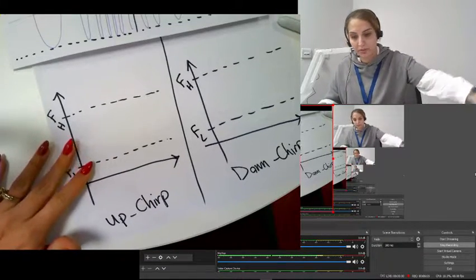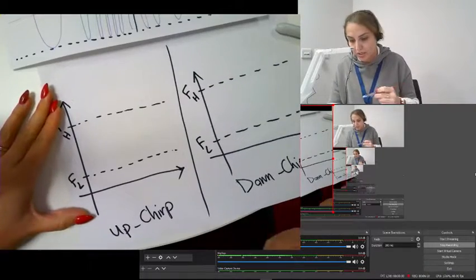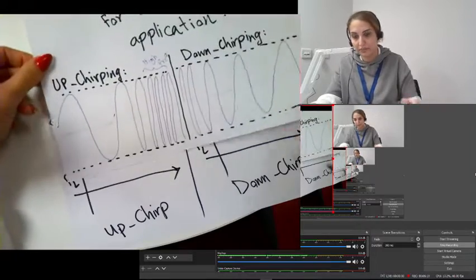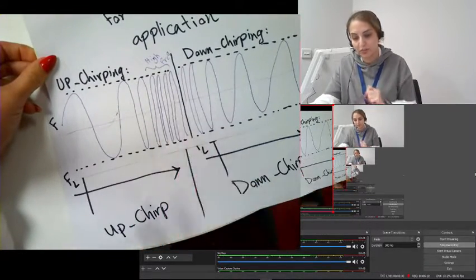Now what's happening here? In up chirping, if I want to refer to what I explained here, I'm starting from low frequency and I'm moving toward the high frequency.